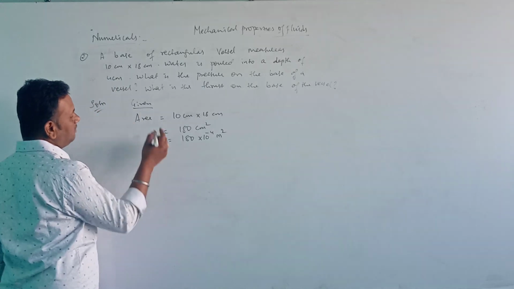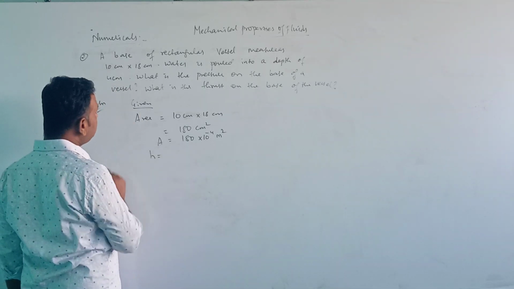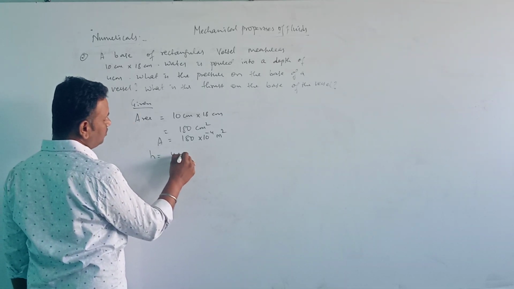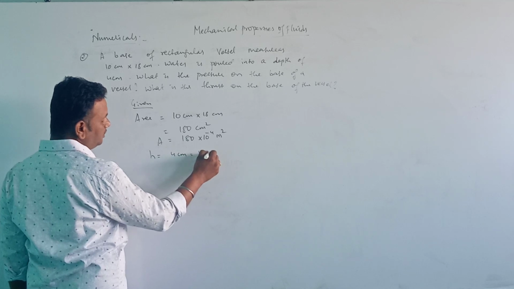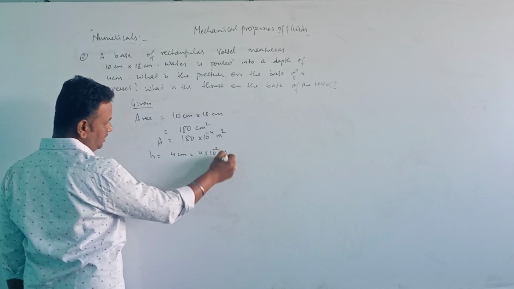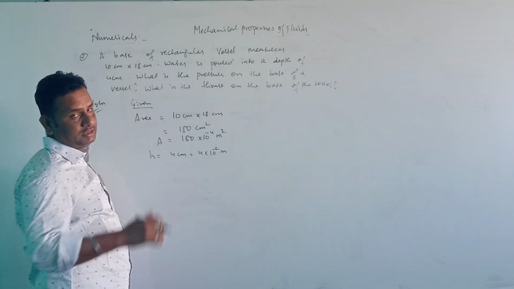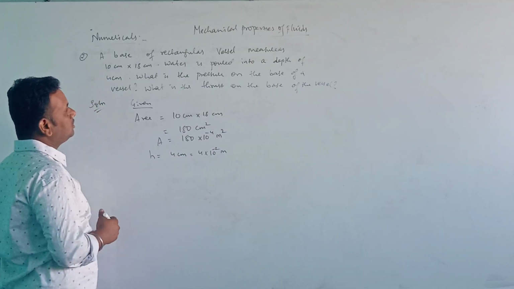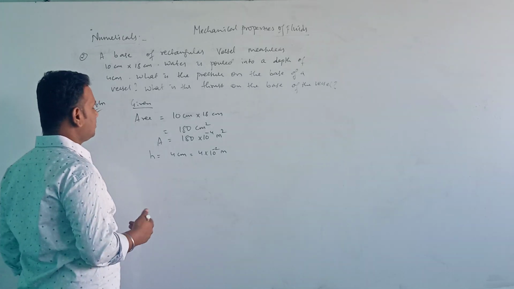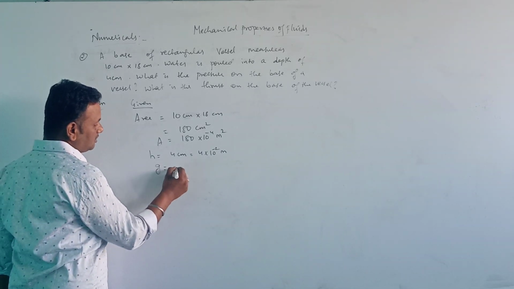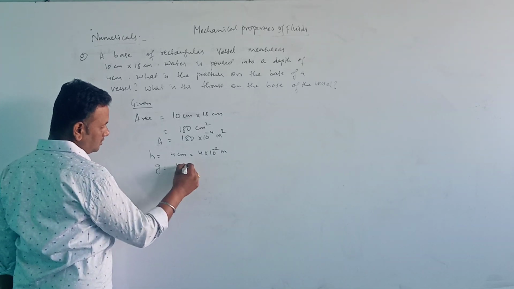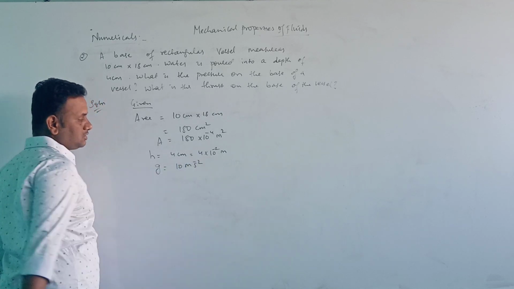Now this is the area. Now depth, how much is given? h equal to 4 centimeter, which is 4 into 10 to the power of minus 2 meter. Okay. Now first of all we will find out the pressure here. Pressure on the base of a vessel, and also take here g as 10 meter per second square.